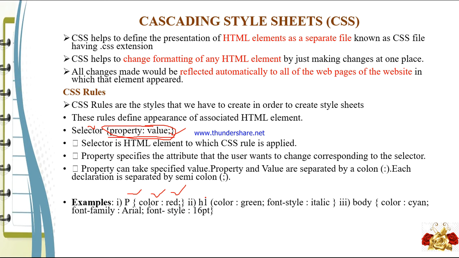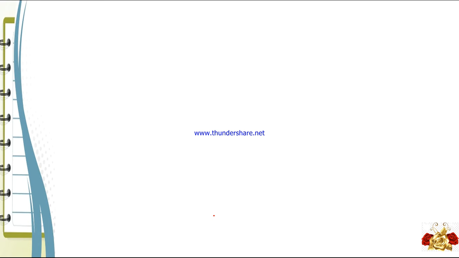Then second, H1, this is a selector, that is heading, property is color, colon, value is green, semicolon, and font size, italic. Then third, body is a selector, color is a property, cyan is a value. So like that, etc. Okay, this is an example for Cascade CSS.